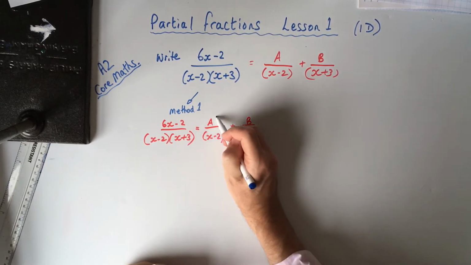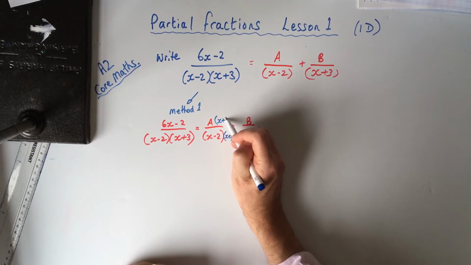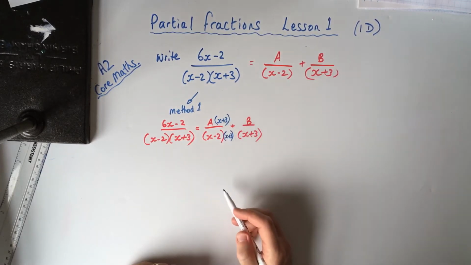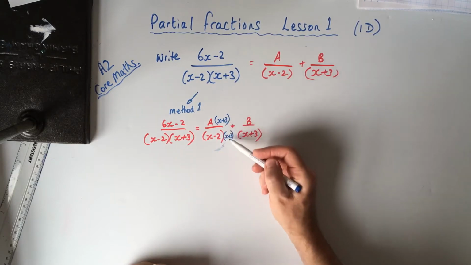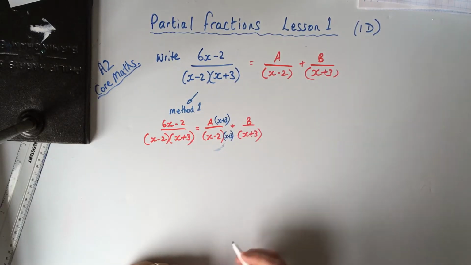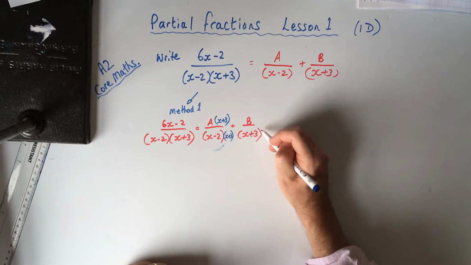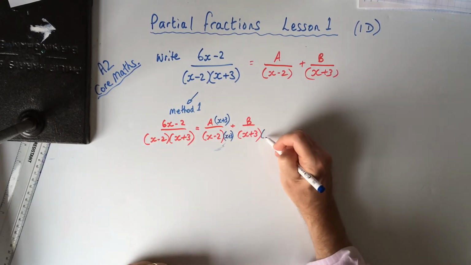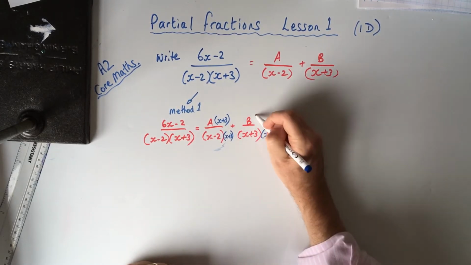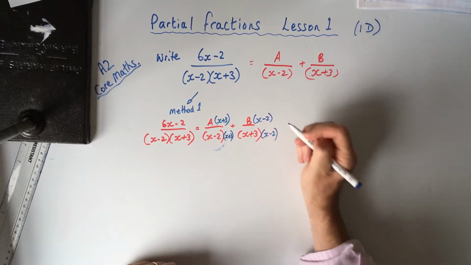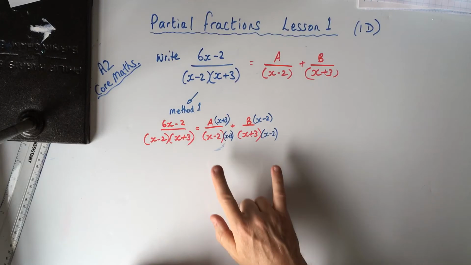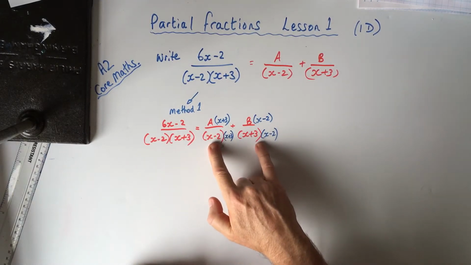So I could times the top by x plus 3, and this is the same fraction as it was before. I've multiplied the top and bottom by the same thing, and if I did that to this one, I've got an x plus 3, so I times that by the factor that's missing, I can times the top by x minus 2.